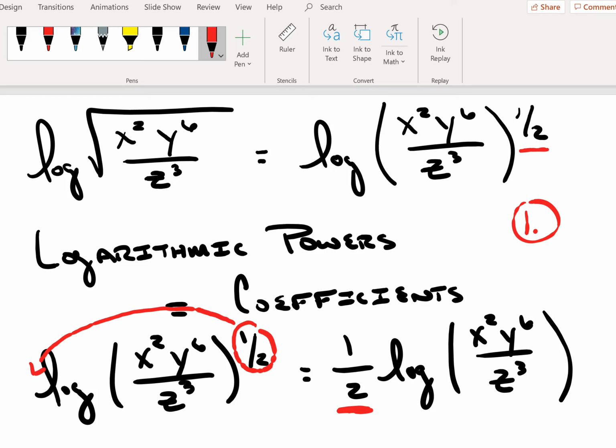If you go back and examine what the logarithm function really is, with a little bit of thought and mathematical manipulation, you will be able to see why this is the case. We bring this down now, and we have the expression 1/2 times the logarithm of x squared times y to the 6th divided by z cubed.